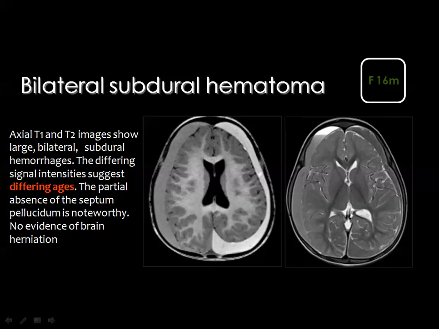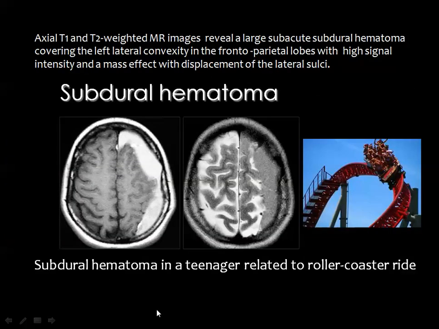And this hematoma is slightly brighter in the T1 and also of intermediate signal here. It depends on the age of the hematoma so that you can see the appearance of hemorrhage.